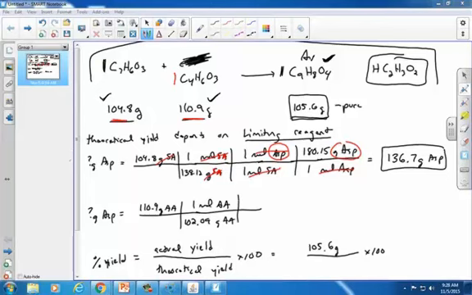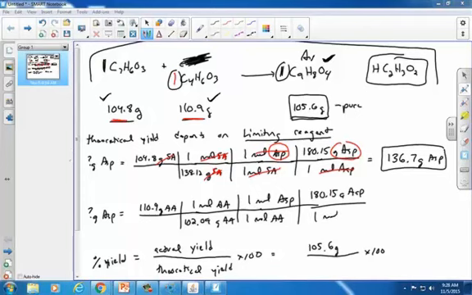Converting to moles, I want to convert from the starting information about acetic anhydride into information about aspirin, so I find the coefficients that relate them. It happens to be 1 to 1: 1 mole of acetic anhydride can produce 1 mole of aspirin. Then I use the same last step as before, converting from moles of aspirin to grams of aspirin.